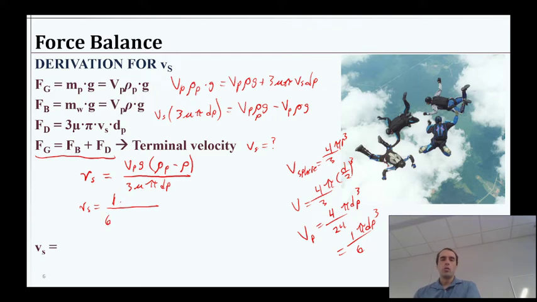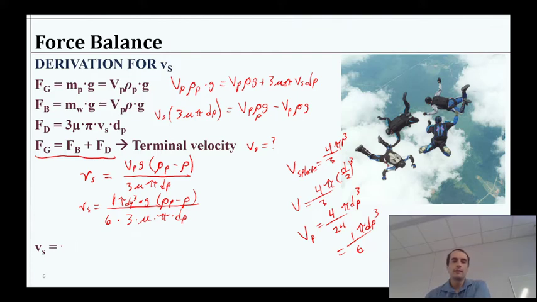And then I'm going to continue writing the other stuff. We have acceleration due to gravity, rho p minus rho, divided by 3 times mu times pi times dp. Okay, so we've got all of that.